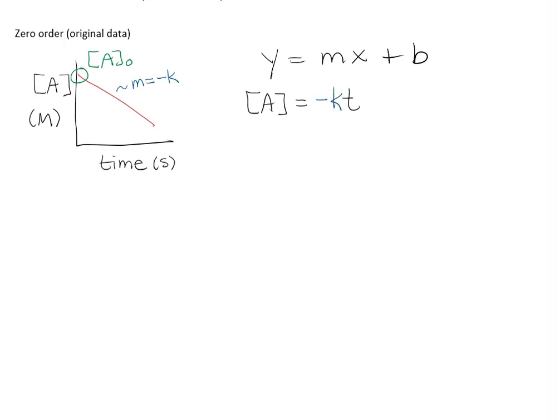The x-axis is t for time, and our y-intercept is the molarity of A naught. Taking a look at the units for both slope and y-intercept, the units of slope are always y units over x units.